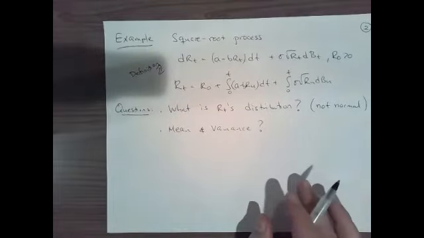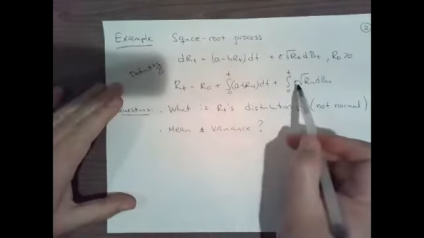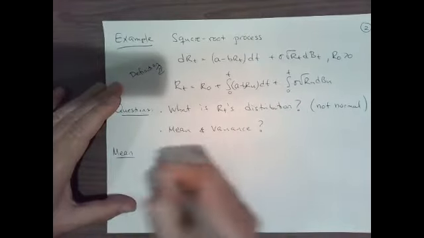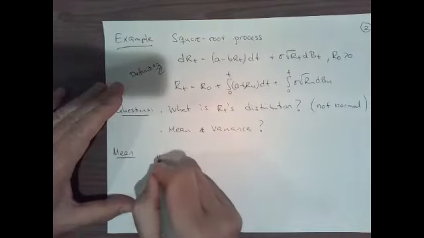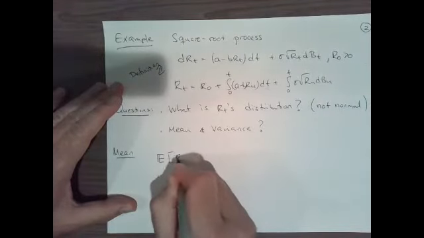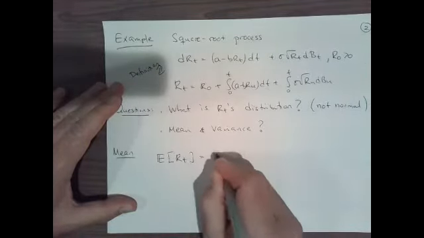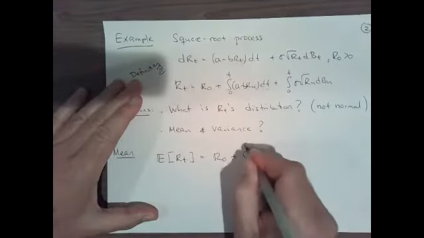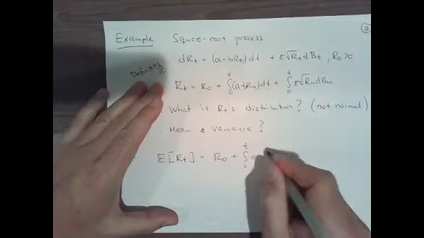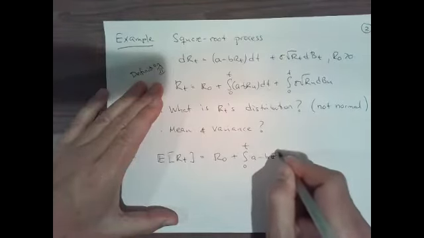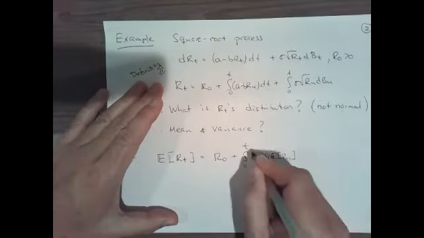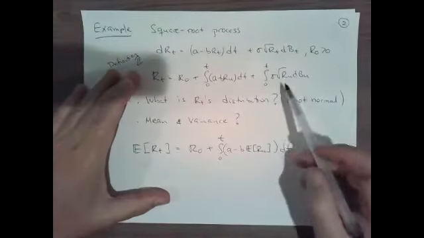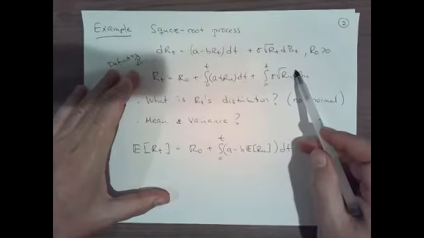And so to do the mean, let's just take expectation through. E of R_t is equal to R_0 plus the integral from 0 to t of (a minus b E of R_u) du, plus the expectation of the stochastic integral.